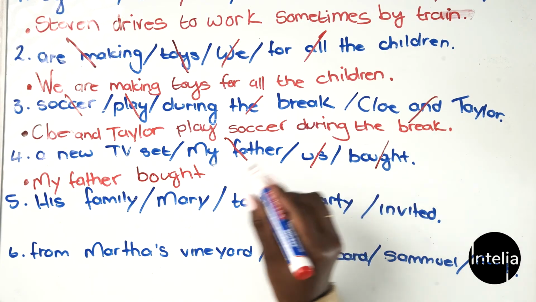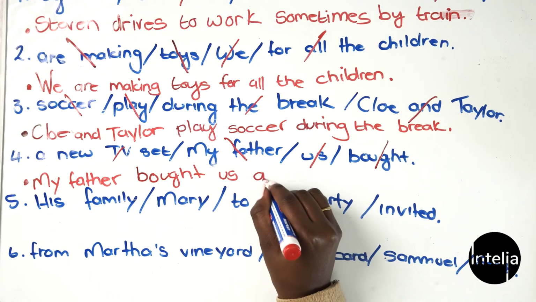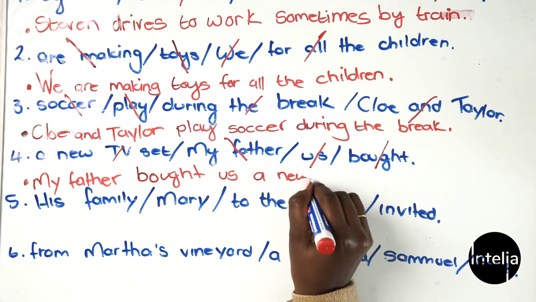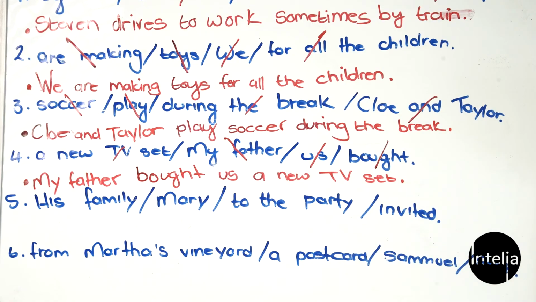So we're going to cross out us and a new TV set. So, my father bought us a new TV set. Awesome. Last two, guys. His family, Mary, to the party invited.